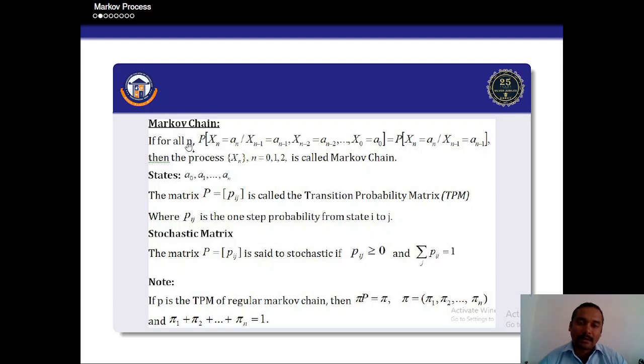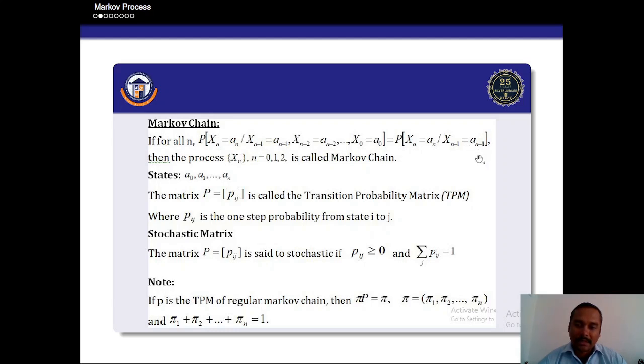If for all n, the probability of Xn equal to an given that Xn-1 equal to an-1, that means Xn means future behavior, Xn-1 means present behavior, then Xn-2 equal to an-2 comes under past behavior, is equivalent to the probability of Xn equal to an given that Xn-1 equal to an-1.